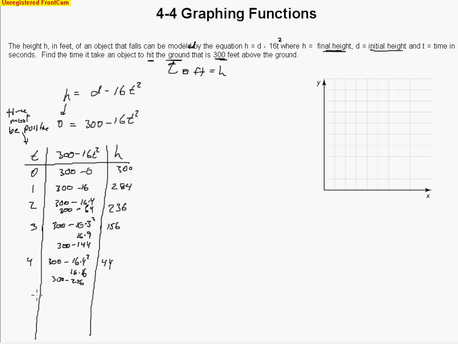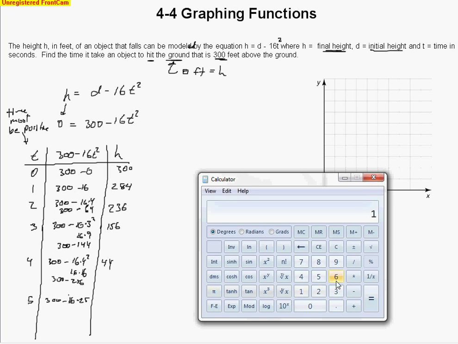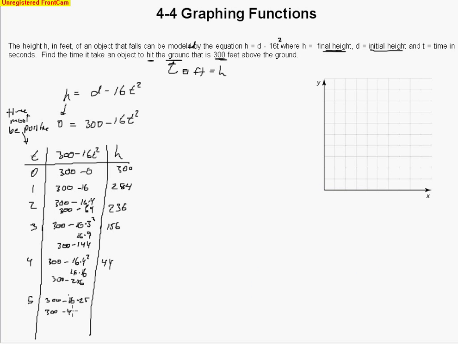So I'm almost down to the ground here, so let's go with 5 seconds, see what happens there. So I'm subtracting, and then 5 squared makes 25, so I have to do 16 times by 25, and that gives me 400. So there I'm already past the ground. So you see how that makes that negative 100. So I know it's in between these two.